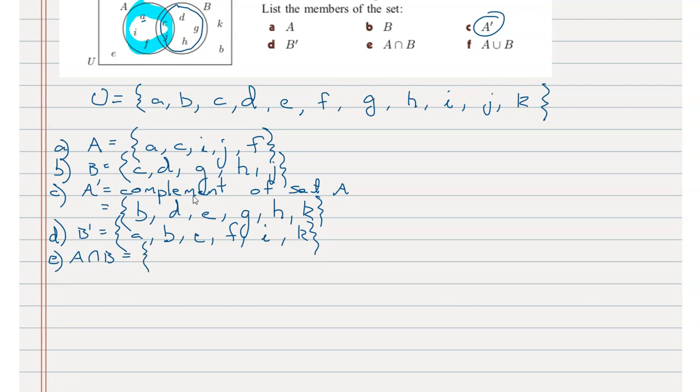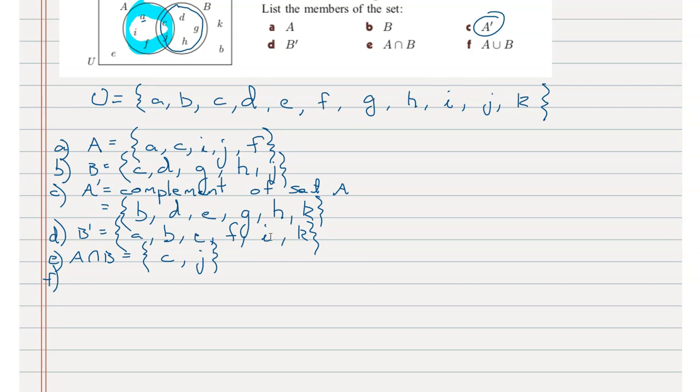Well, looking at what is common, we look at the area where the two circles overlap, and inside that area it is C and J. Or another way we could ask ourselves is what members of sets A and B are common between both sets, and that is C. So one's here, one is here, the other C is here, and J, so 1J and 2Js. So that could be said the intersection of A and B is C and J.